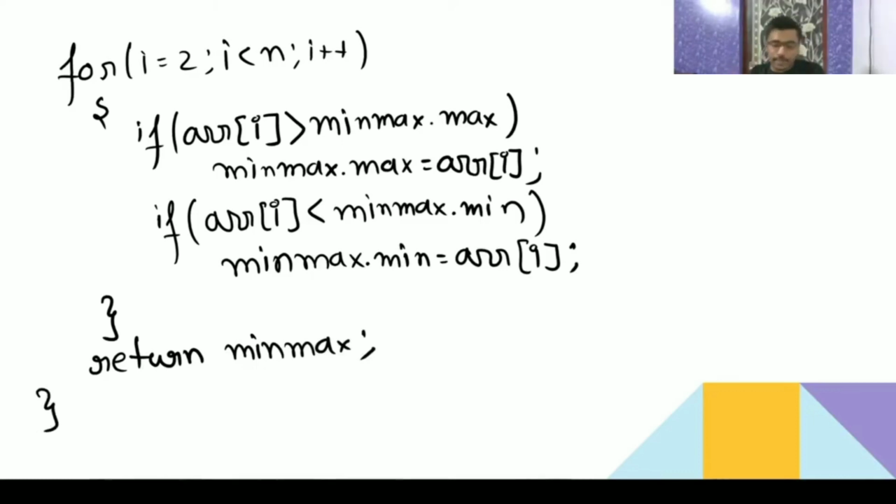So this is the simple approach that most of you have told me. First, if there is only one element, then that element is going to be both minimum as well as maximum. Else, we will check from the first two elements which is maximum and minimum, and initialize them as the maximum value and minimum value. Now I will start from i equal to 2 and go till n minus 1. So from the third element I start, taking every element and checking whether it is greater than the maximum.